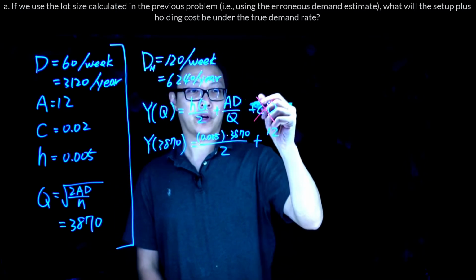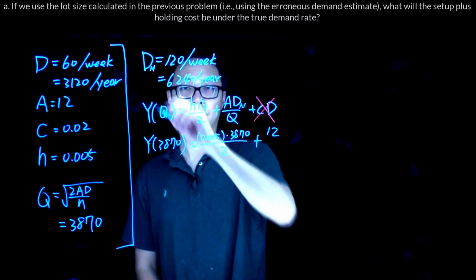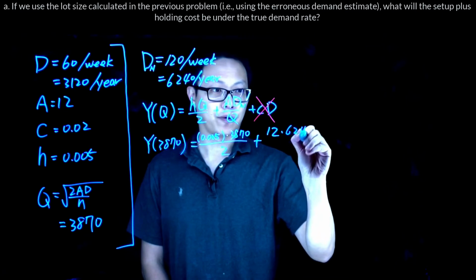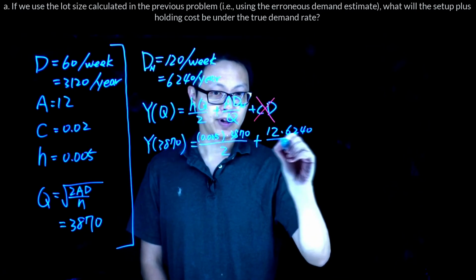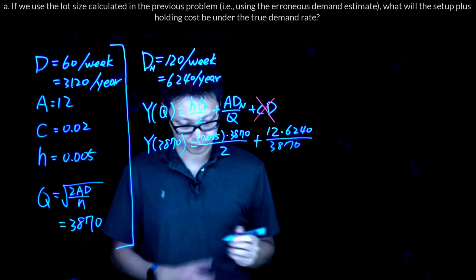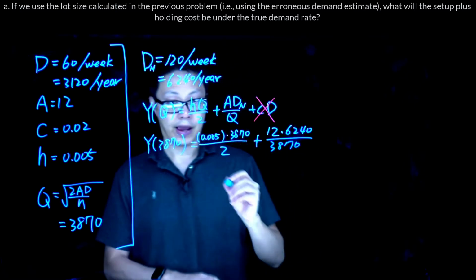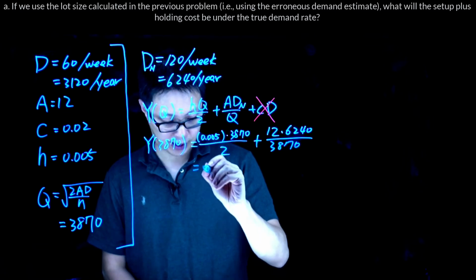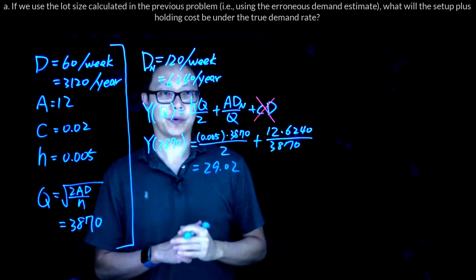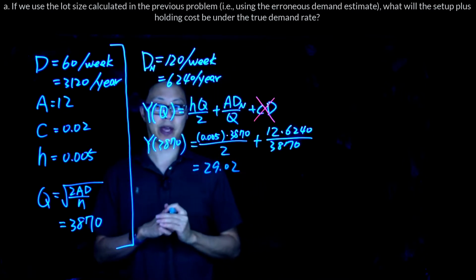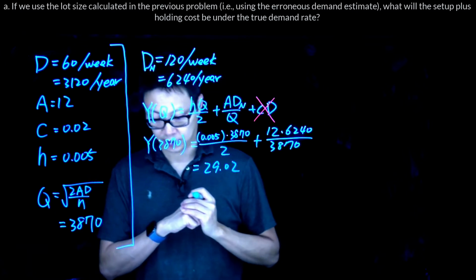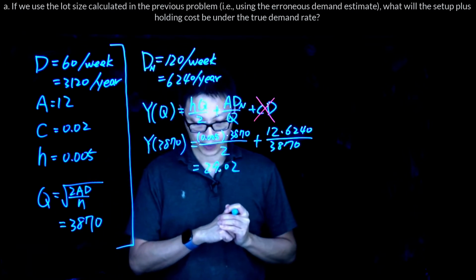For D here we actually want to use DN, so that will be 6,240 divided by 3,870. Everything here is equal to 29.02. So that's the cost you need to pay when you order 3,870 units.